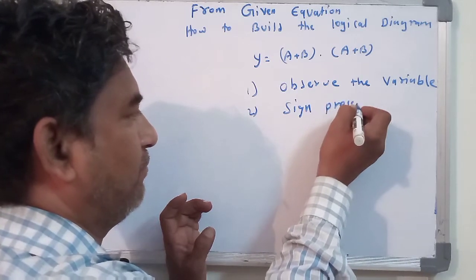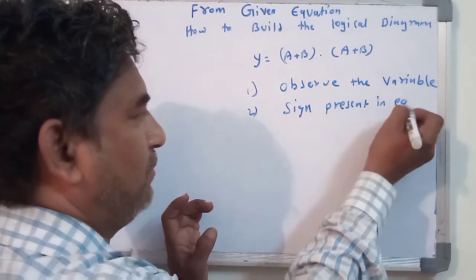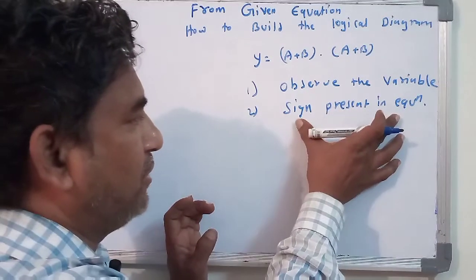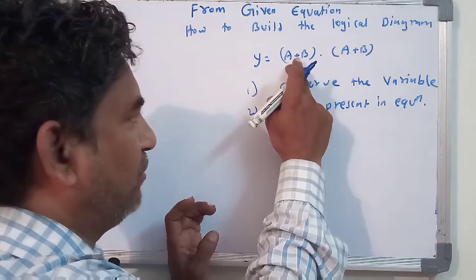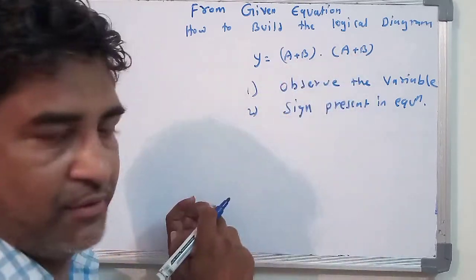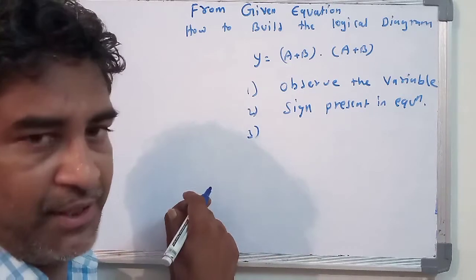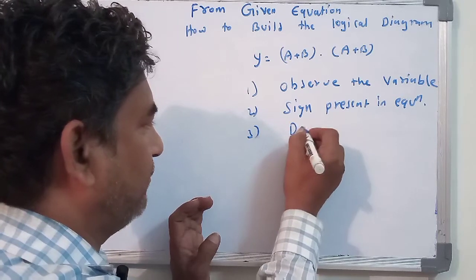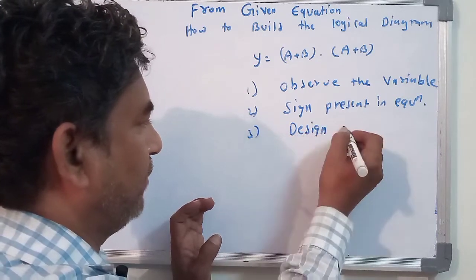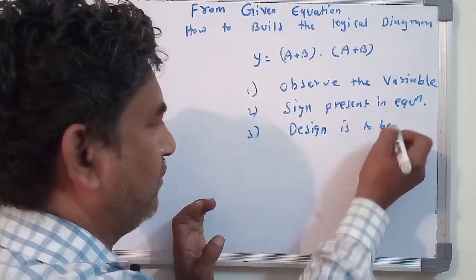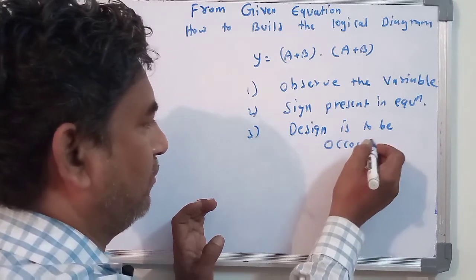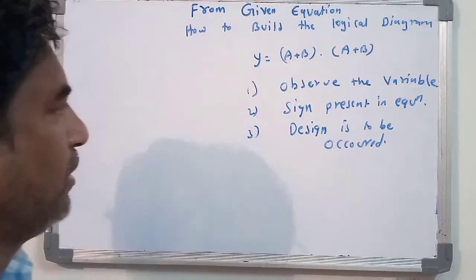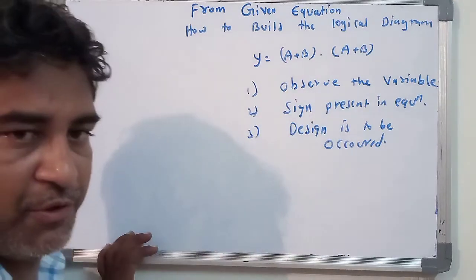According to this particular sign, and this sign, the third and final step, the design, is to be done. Okay, students? So, these are the three steps which you have to keep in your mind.